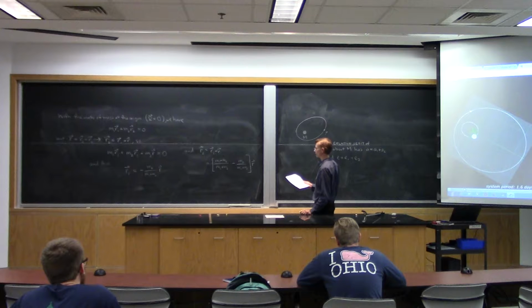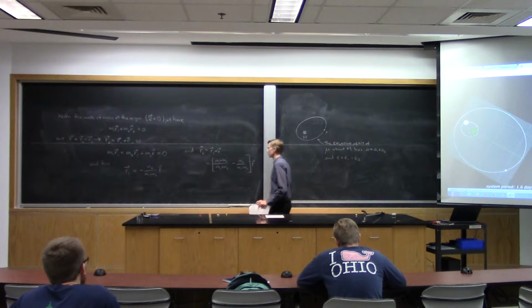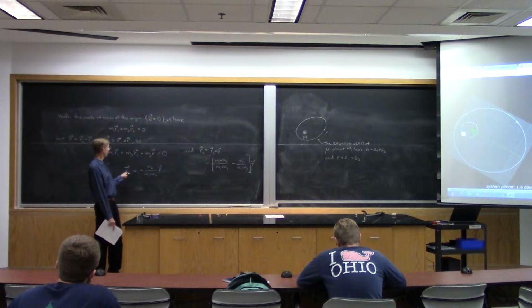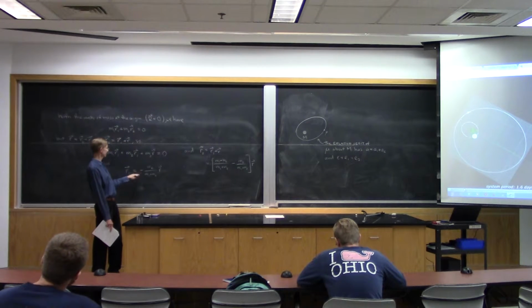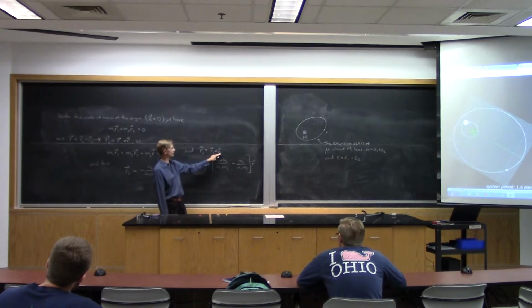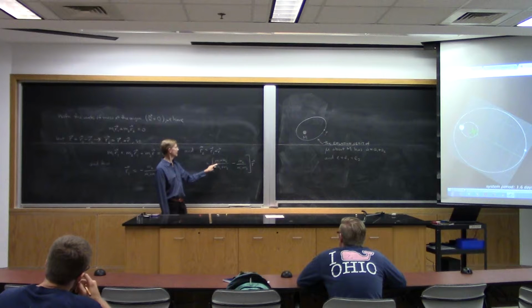What am I doing here? In other words, here I've just put in that r1 is minus m2 over m1 plus m2, and here I've just rewritten r as m1 plus m2 over m1 plus m2 times r, so that I can have them over a common denominator.